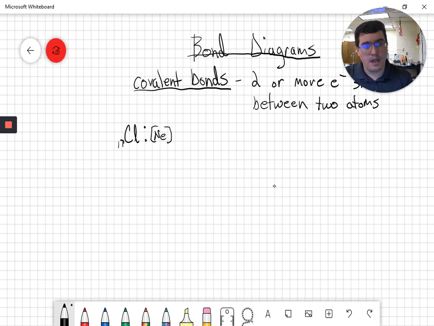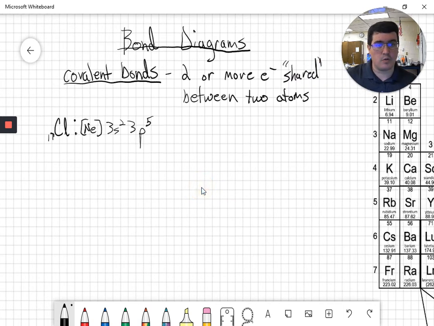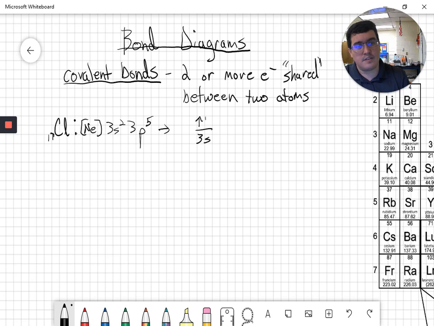And we had 3p5. You can confirm for yourself that that's the electron configuration for chlorine. And then we took this and we drew it. We did orbital filling diagrams for this thing. And what we see is that a chlorine atom has an orbital filling diagram that looks like this.